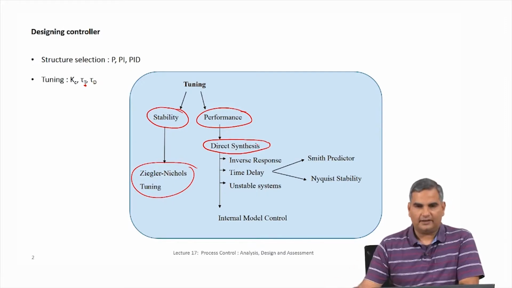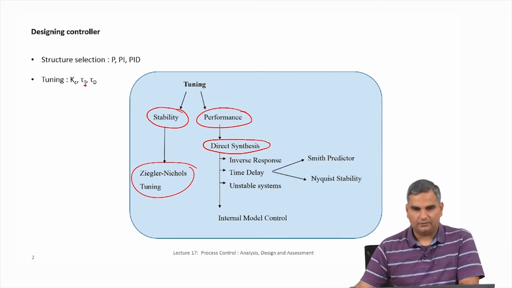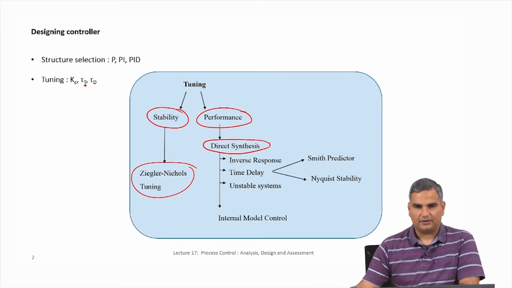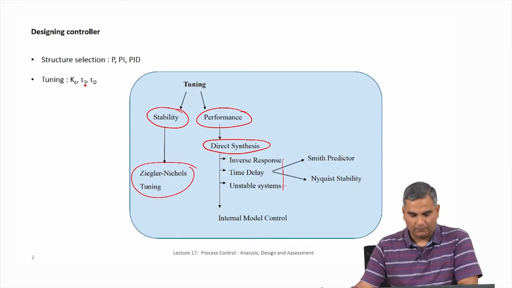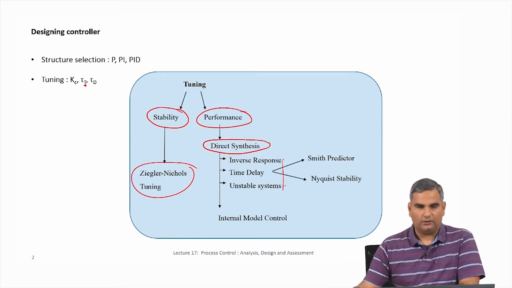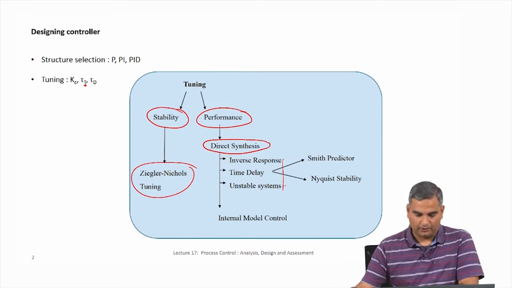And once you understand direct synthesis based tuning, then it is very easy to understand tuning for systems which show inverse response, which we will describe later, time delay systems, unstable systems and so on. These are types of systems that we have really not yet talked about, but we will talk about them after the basic controller design and tuning has been taught.